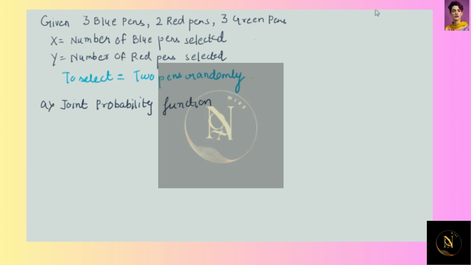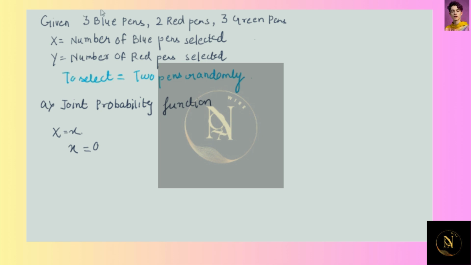So let us first find the value of x, what x could take. We know that x is the number of blue pens selected, and blue pens is just 3. So x could be equal to 0, 1 or 2. Why?